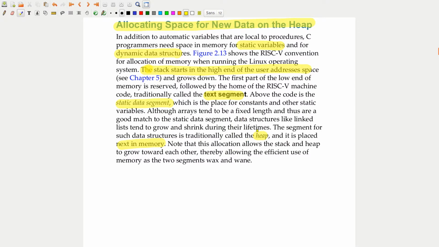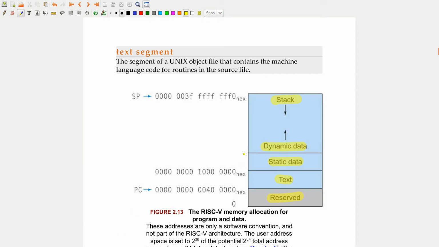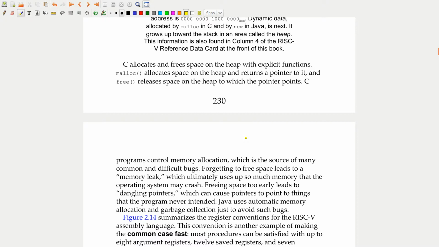So we showed that the stack grows downward and the dynamic data grows upward. That's the stack and the heap.